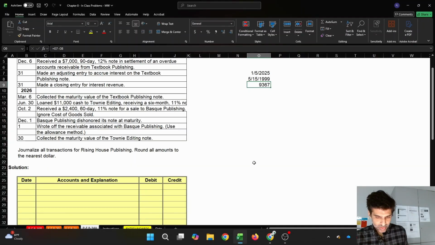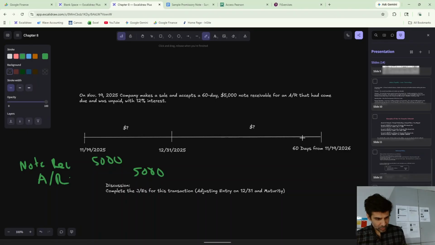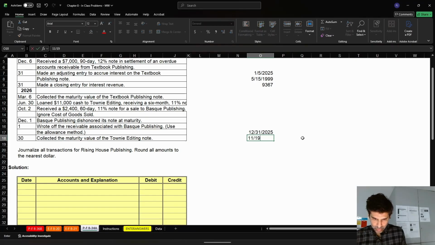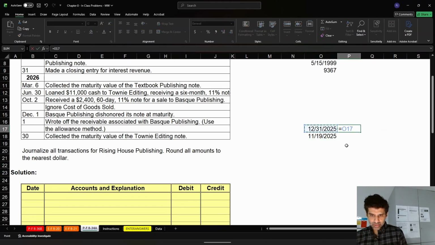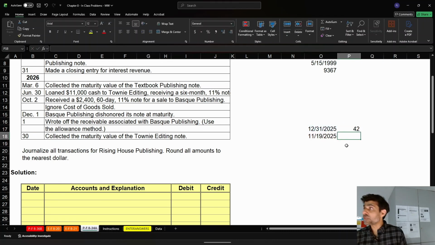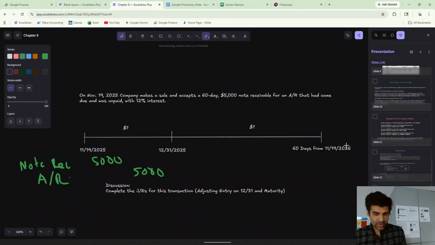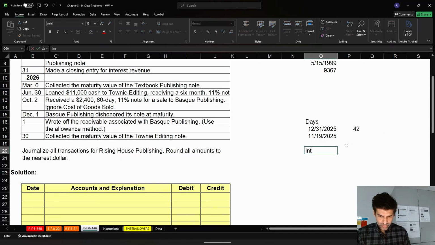Well, we can just go here. I have these two dates. I just subtract one from the other. It's 42 days. And then it's a 12% interest rate, and the principal balance is 5,000.